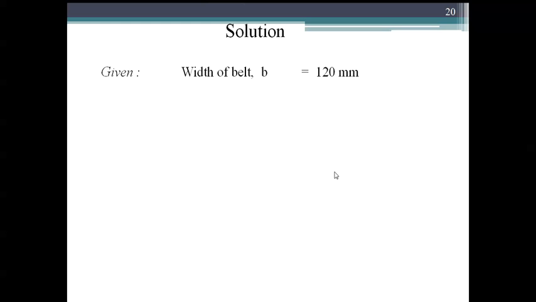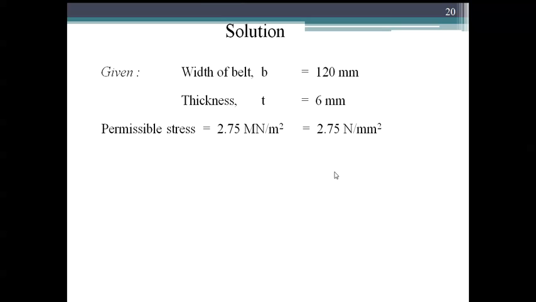Here width of the belt B equal to 120 mm. Thickness of the belt is 6 mm. And permissible stress is equal to 2.75 mega Newton per meter square, which is nothing but 2.75 Newton per mm square.